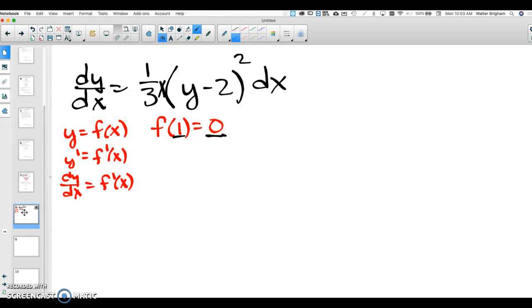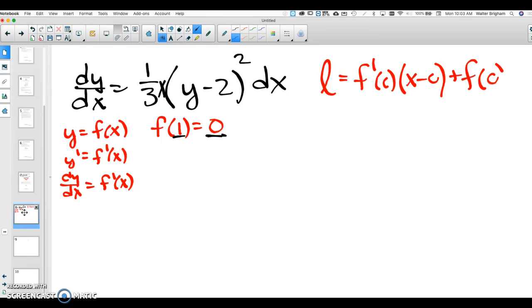It says write an equation for the line tangent to the graph of y equals f of x at x equals 1. So they want a tangent line. Does anyone remember the equation for a tangent line? Tangent line: f prime of c, x minus c, plus f of c. Please remember that c is the specific x value. This is our x value right here.